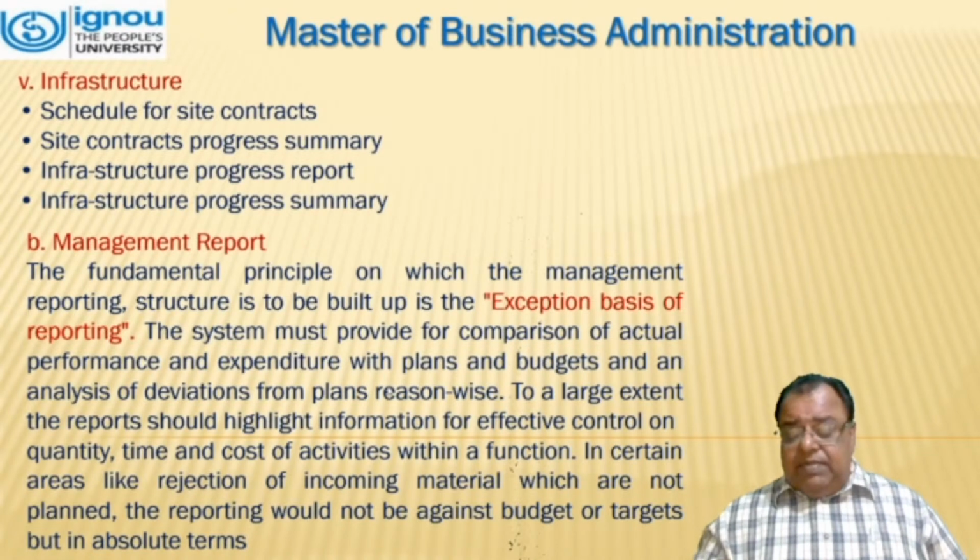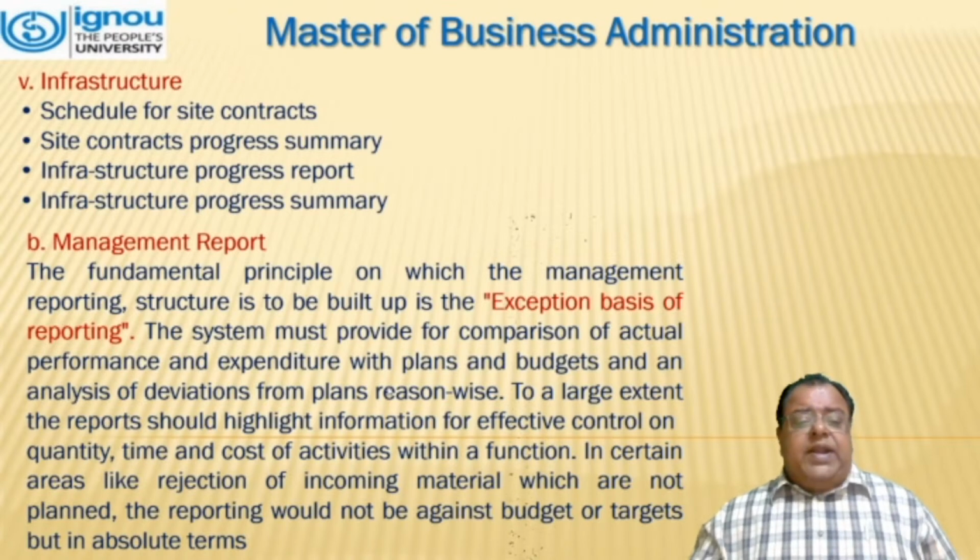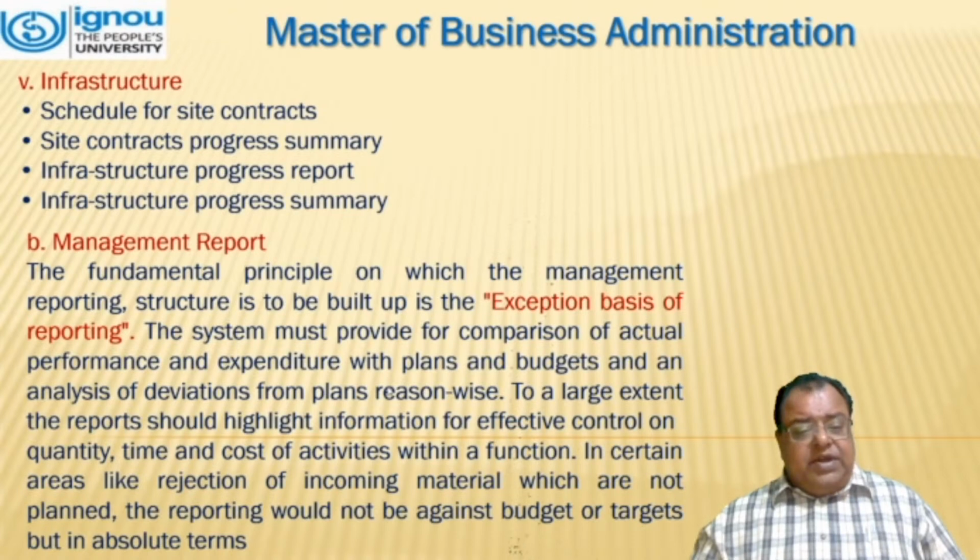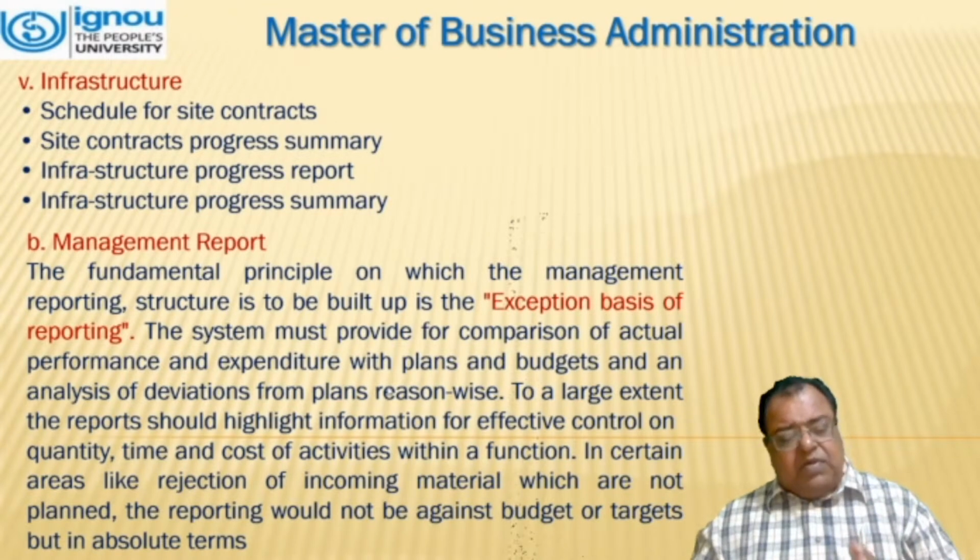The second part is the management report. The fundamental principle on which the management reporting structure is to be built up is the exception basis of reporting. The system must provide for comparison of actual performance and expenditure with plans and budgets, and an analysis of deviations from plans, reason-wise.